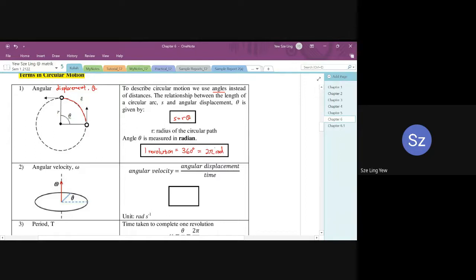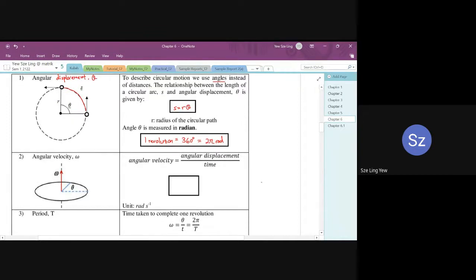You need to know how to convert from revolutions to degrees to radians. So one revolution is equal to 2 pi radians, 360 degrees is equal to 2 pi radians. In this chapter, we are going to use radians quite often, so make sure you know how to do the unit conversions, especially when it involves revolutions.